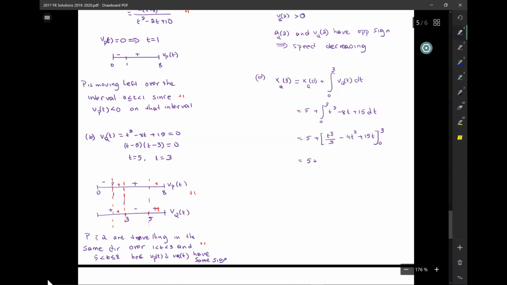And so this is 3 cubed over 3 is 9, minus 36, plus 45, plus 5.